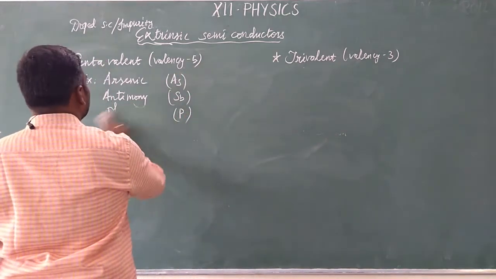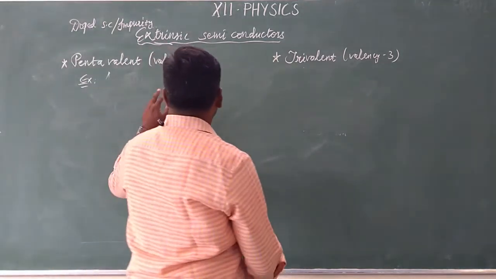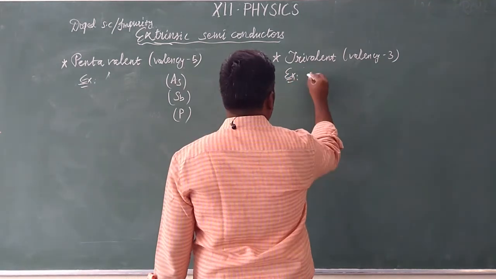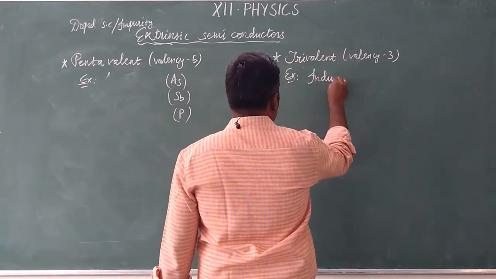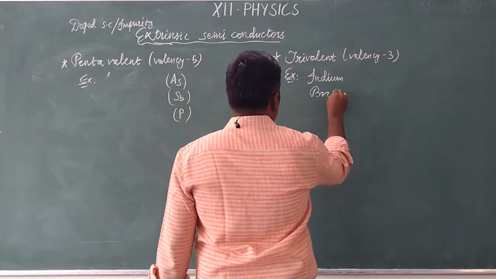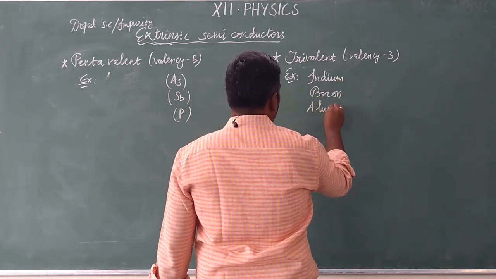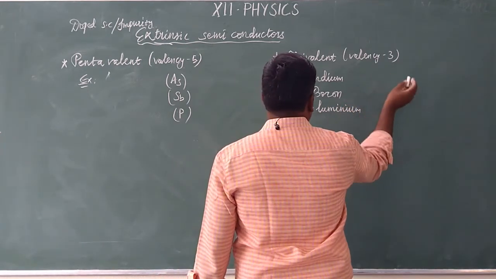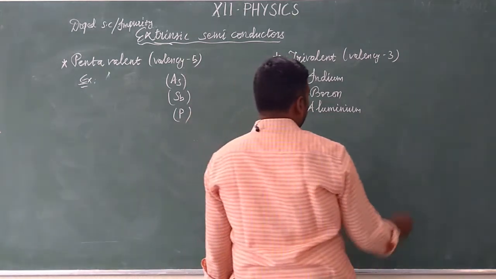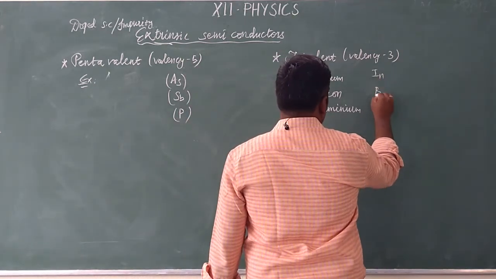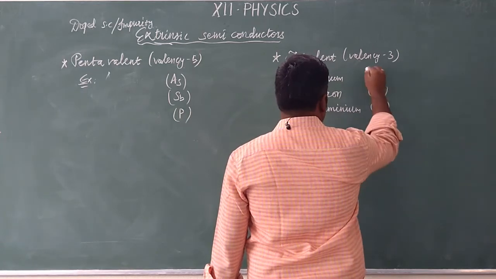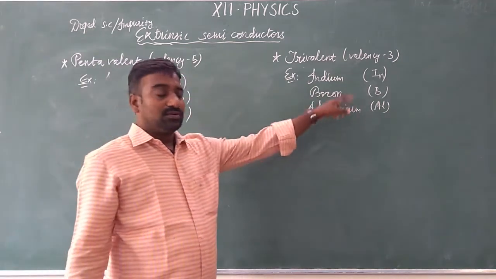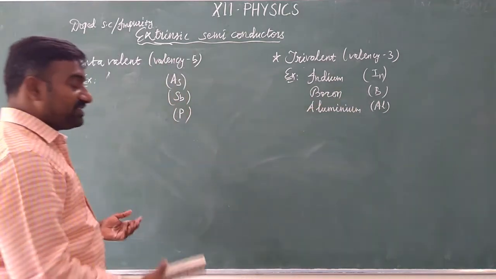So these are the examples for the pentavalent impurities, and for the trivalent impurities, the examples are indium, boron and aluminium. So these have a valency of 5 and these have a valency of 3. Okay, it's a very simple concept.